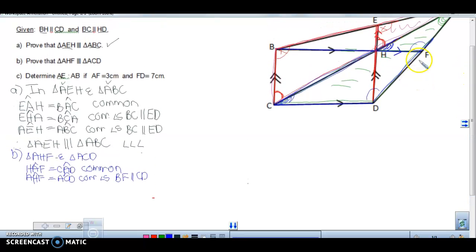Okay, so now I go to the last one, which is AFH. Equal to this angle, which is ADC, and they also correspond.